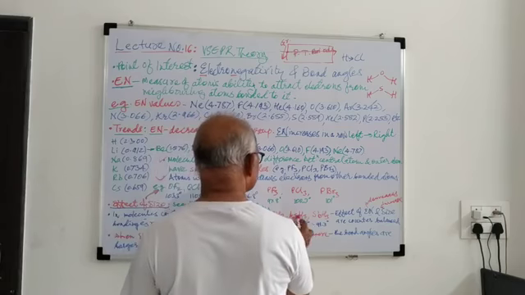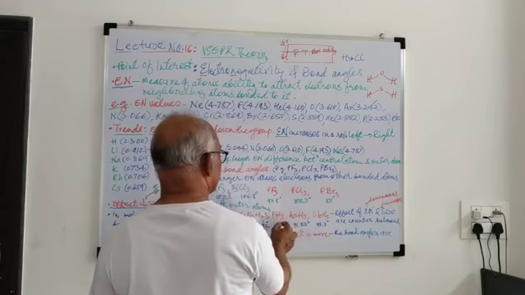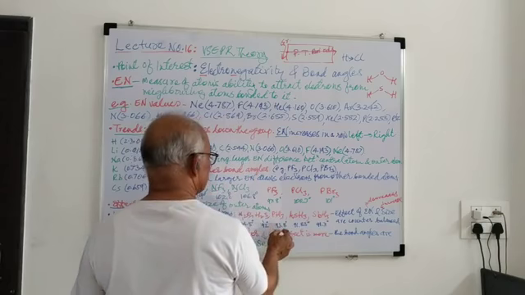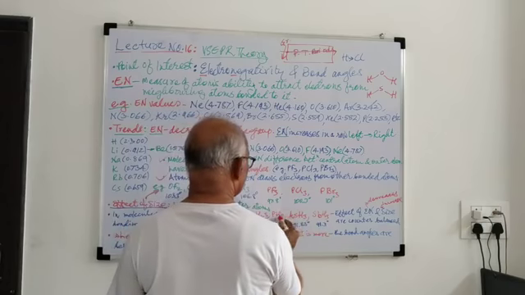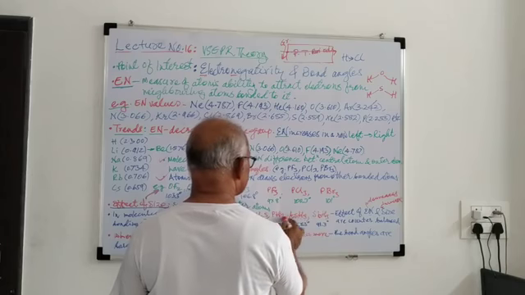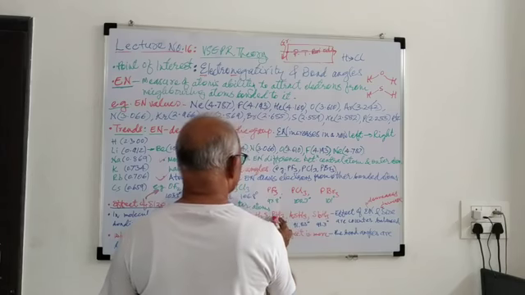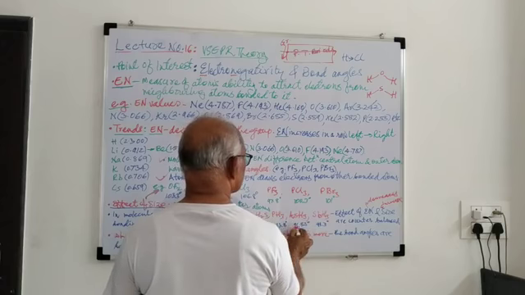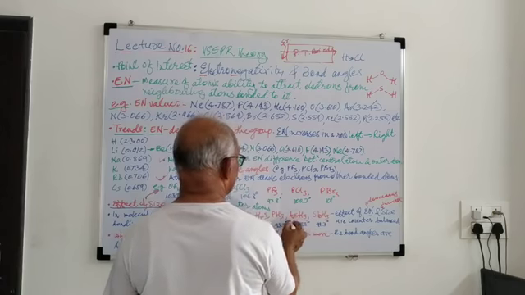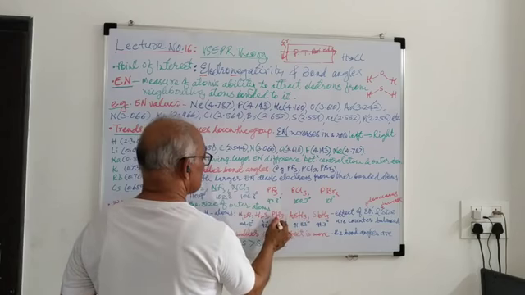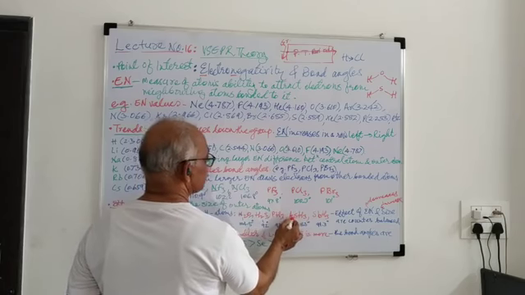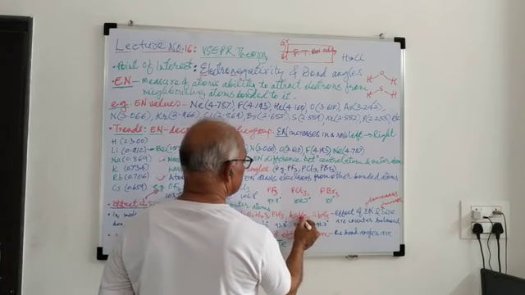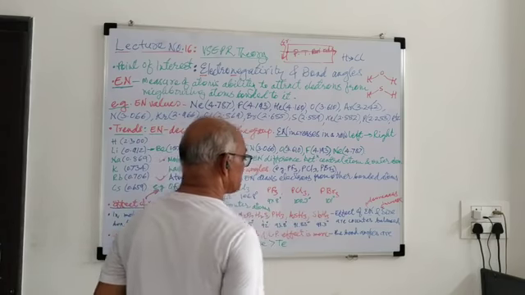All these examples are also shown in this way. Here in case of PH3, AsH3, SbH3, the electronegativities are decreasing. So the bond angles are also decreasing in this order, because compared to phosphorus, arsenic is less electronegative, and compared to arsenic, antimony is less electronegative.